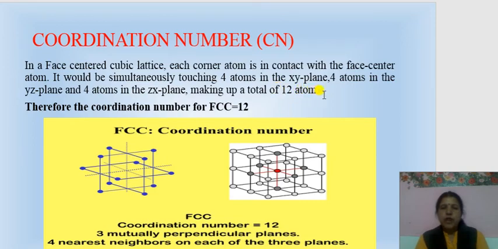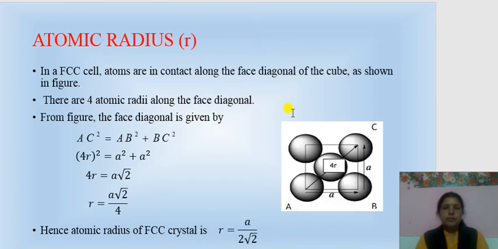Third characteristics, atomic radius. In a FCC cell, atoms are in contact along the face diagonal of the cube as shown in figure. There are 4 atomic radii along the face diagonal. From the figure, AC square is equal to AB square plus BC square.